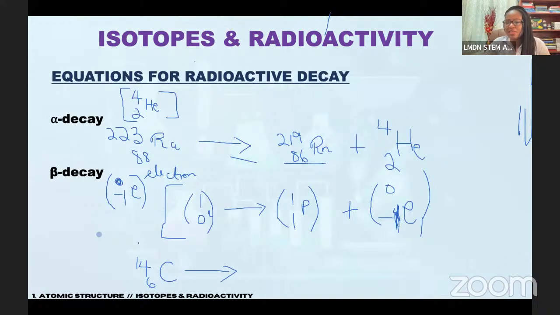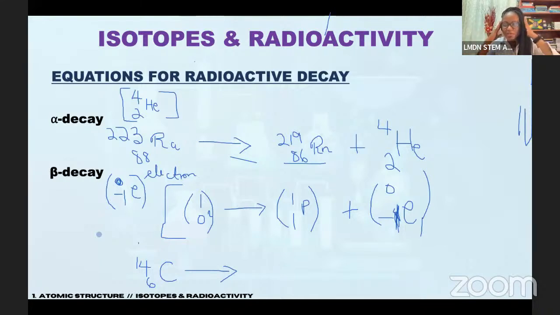The mass number is going to stay the same, guys, because remember that the mass number is comprised of the proton and the neutron number. So it's just a conversion from one thing to another. We're converting a neutron to a proton. So it balances out, right?